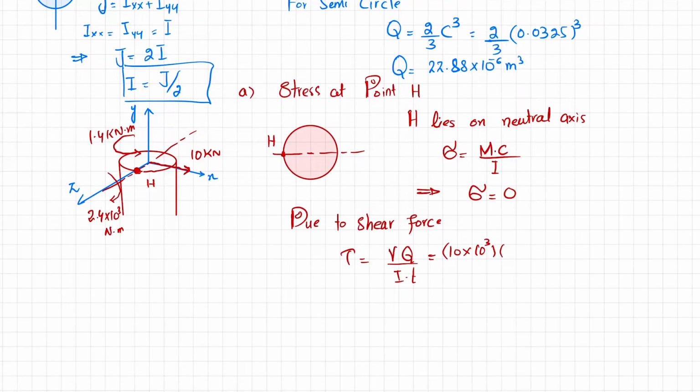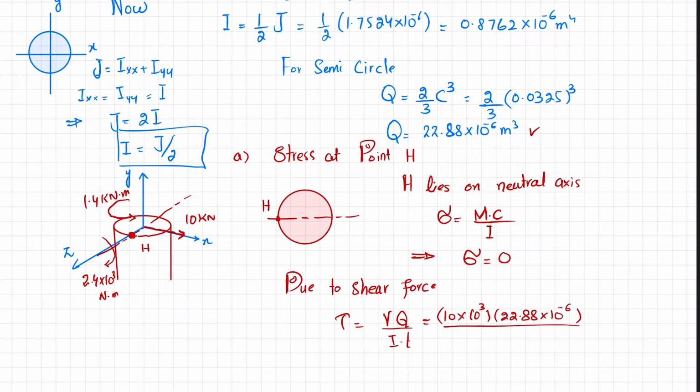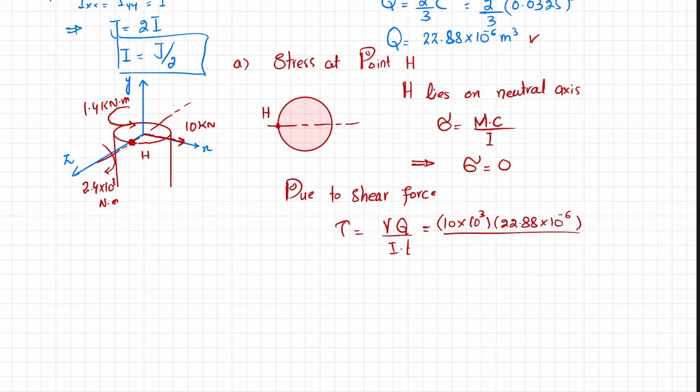Q we have calculated, 22.88 into 10 raised to the power minus 6 cubic meter, divided by I, the moment of inertia, 0.8762 into 10 raised to the power minus 6, and the total thickness of this shaft is 65 millimeter, which is 0.065 meter. So when you calculate it, you will get the shearing stress due to shear force, and that comes out to be 4.018 megapascal.